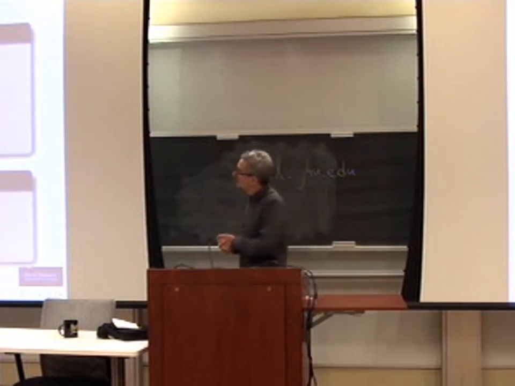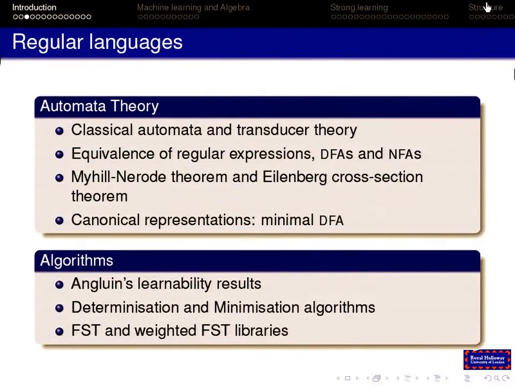When you think about regular languages and automata theory, I have absolutely no corrections to make to this theory at all. I think it's really quite complete. We have all that classical automata and transducer theory: the Kleene theorem, the Myhill-Nerode theorem, the Eilenberg cross-section theorem.